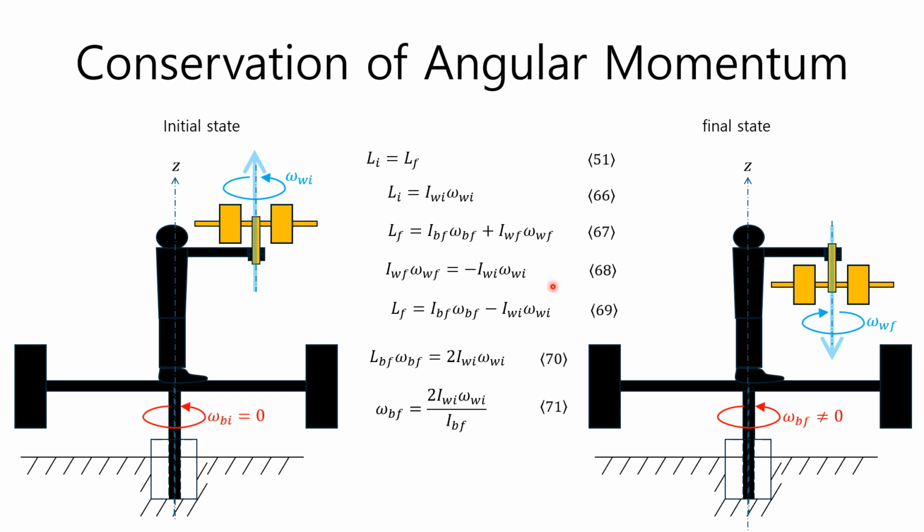By substituting equation 68 into equation 67, equation 69 can be obtained. Continuing, by substituting equations 66 and 69 into equation 51, equation 70 can be obtained. Therefore, the angular velocity omega bf of the floor rigid body can be obtained as in equation 71.